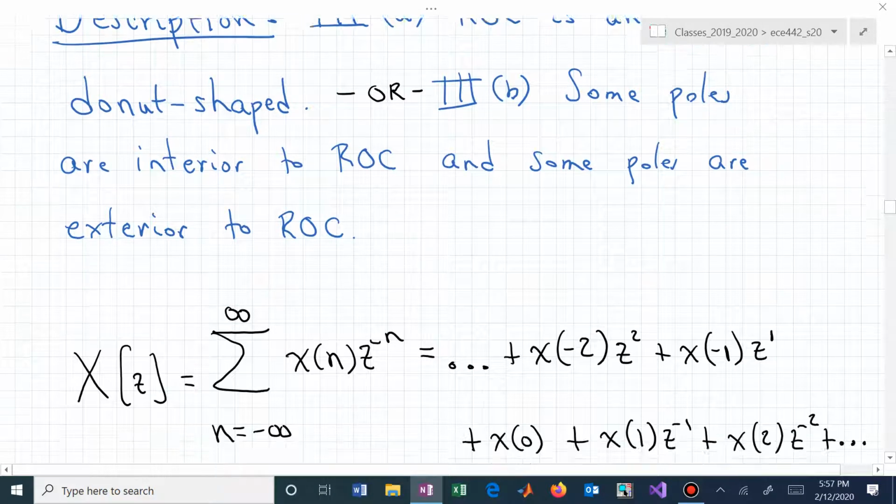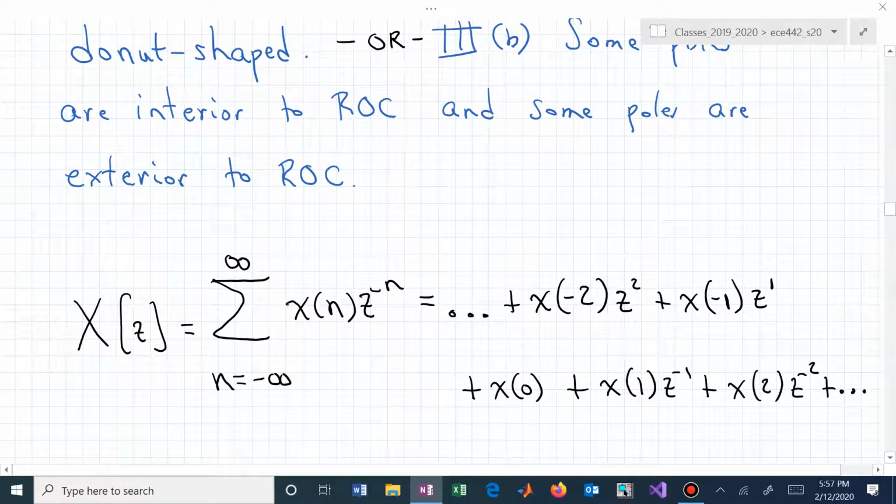What can we say now about some of those sequence values for negative values of little n or positive values of little n? Can we make any claim on those, or are any of those forced to be equal to 0 like in the previous patterns? Would it be that, for example, x2 and x negative 2 would not be included?